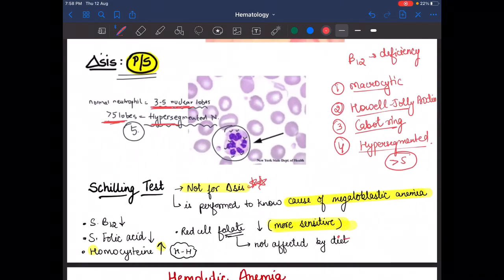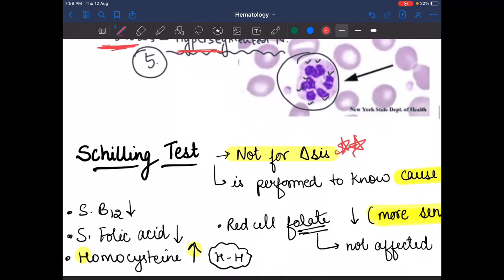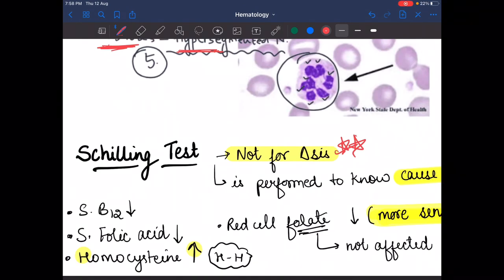Now the Schilling test. Please remember that the Schilling test is not for diagnosis; it only tells you the cause of megaloblastic anemia. So the test we do to know the reason for megaloblastic anemia is the Schilling test. Other tests check serum B12 decreased, folic acid decreased, homocysteine level increased, and red cell folate.